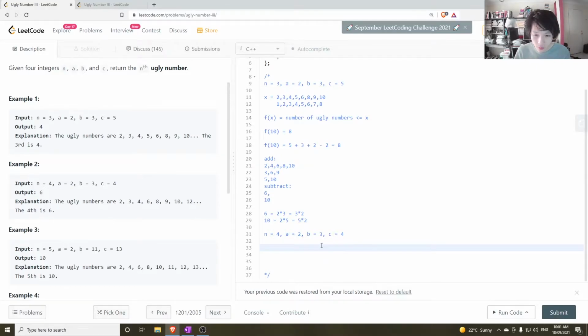So let's see what we get if we try to do our initial method. Okay, so you have 1, 2, 3, 4, 5, 6, 7, 8, 9. This would be 8.